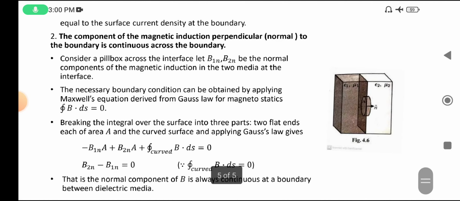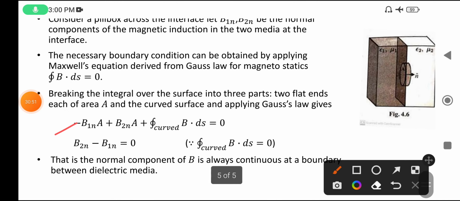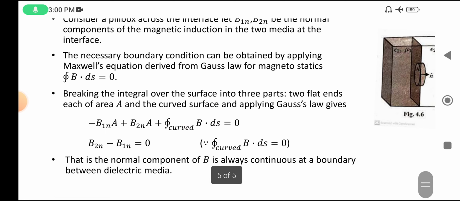Now come here. So three areas we have to apply. One is the left side, another is the right side, and one is for the curved surface, but the curved surface term is always 0 when we compress it, when we take it very near to the boundary.